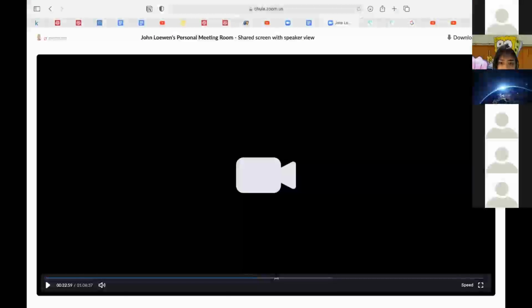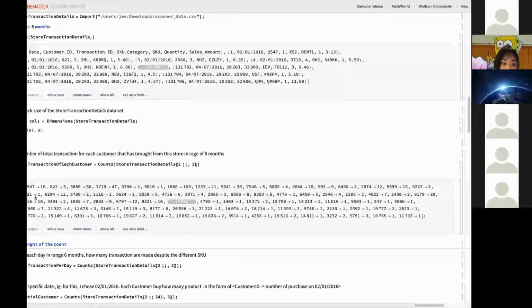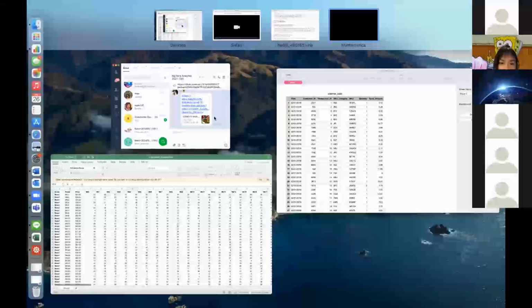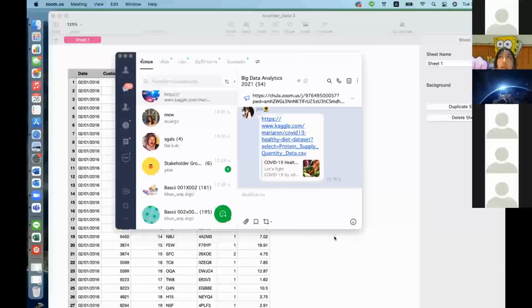If you use Dataset, you can just say something like select group by customer and then select the latest date, and that will tell you the most recent. So that gives you recency already in one line. Frequency, you can group by customer ID and then count the number of transactions.